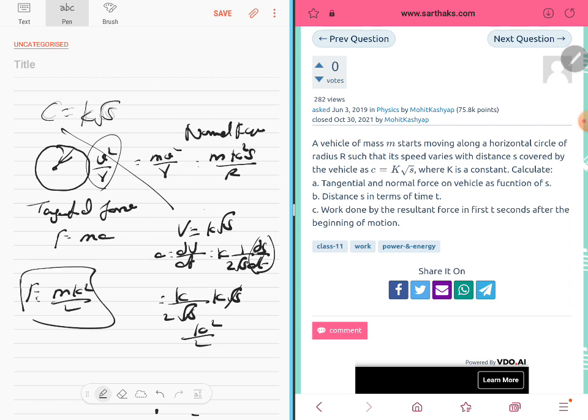So this is the normal force, this is the tangential force.